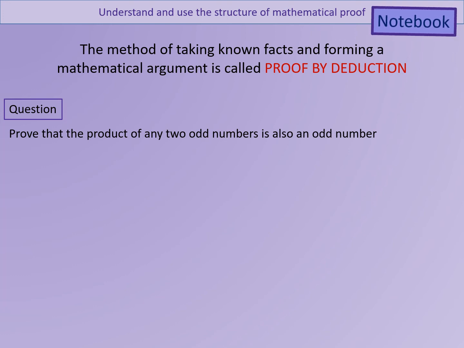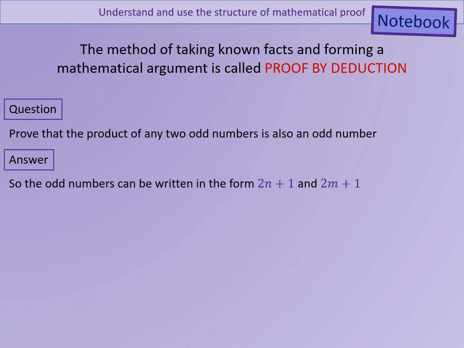Well, we're being a bit restrictive there because what we've decided upon if doing that is that we are choosing two odd numbers that are next to each other, two consecutive odd numbers, and that's not what this question is asking. So when we're writing down our two odd numbers, we're using two different letters to represent just two random arbitrary odd numbers. So 2n plus 1 is my first odd number, and 2m plus 1 is my second.